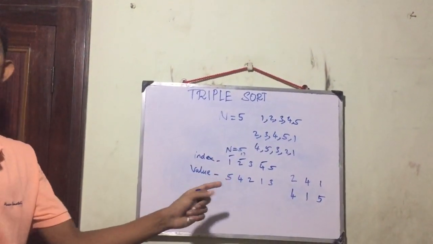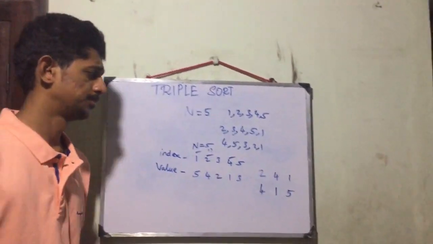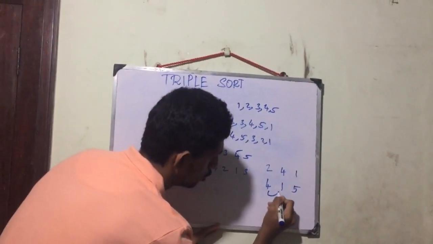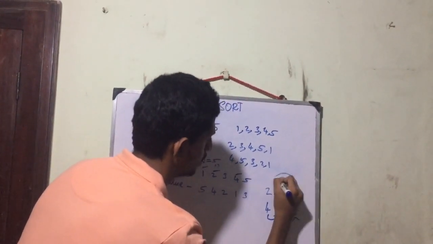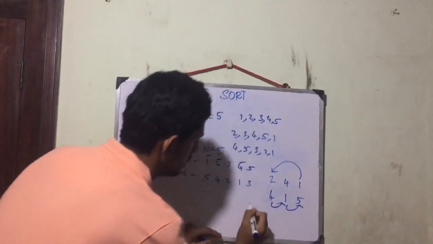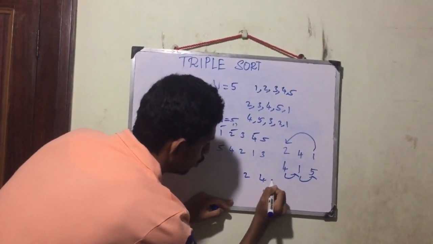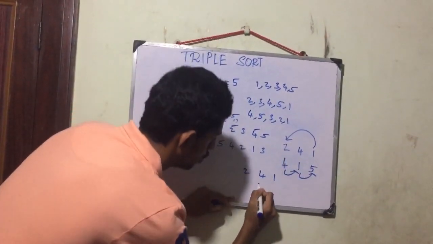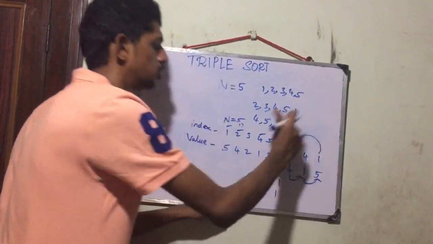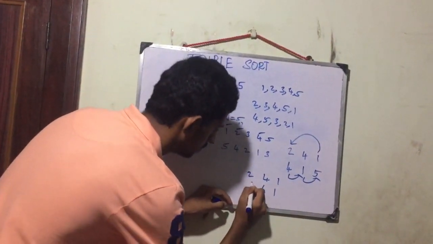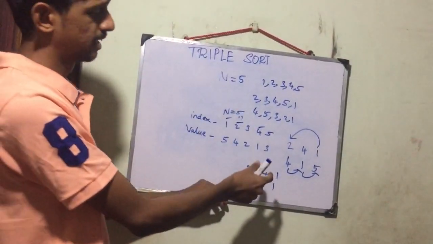Now I have to perform a right cyclic shift for this. So 4 should go here, 1 should go here, and this 5 should go to the index value 2. That means for index values 2, 4, 1, this 4 will go here, this 1 should go here, and this 5 should come to index value 2. This is known as a right cyclic shift.